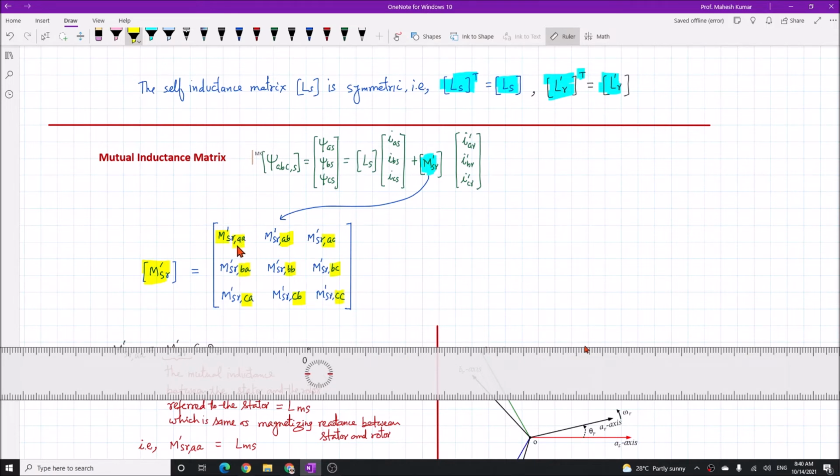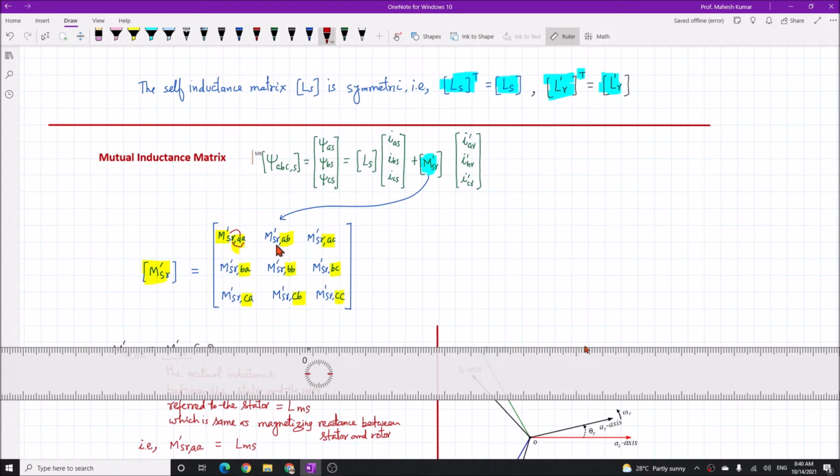MSR-AA basically is the mutual inductance because of the currents in the rotor winding phase A to the flux linkages to the stator winding of phase A. You can think like that: this R belongs to this A, and this S belongs to this A. So rotor winding to stator flux linkages in A phase.